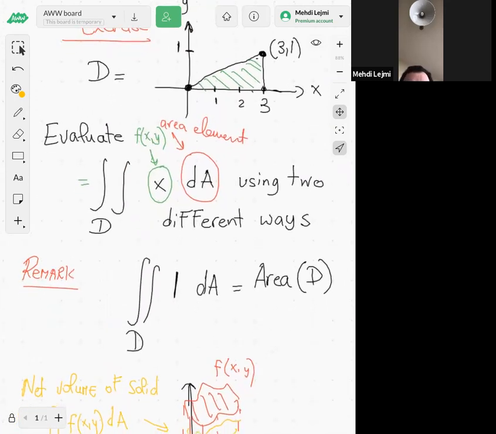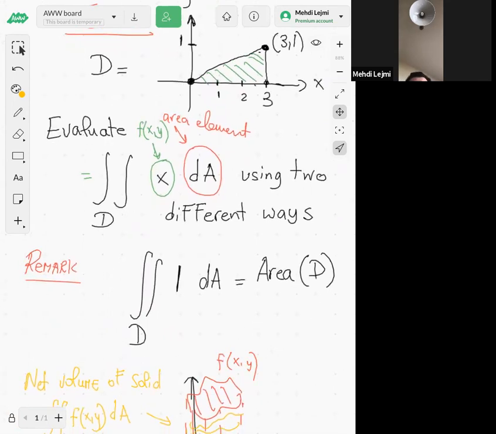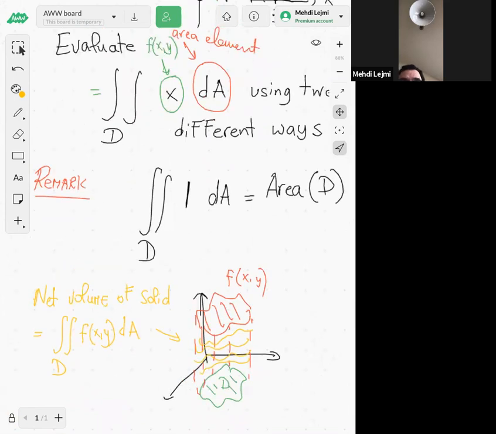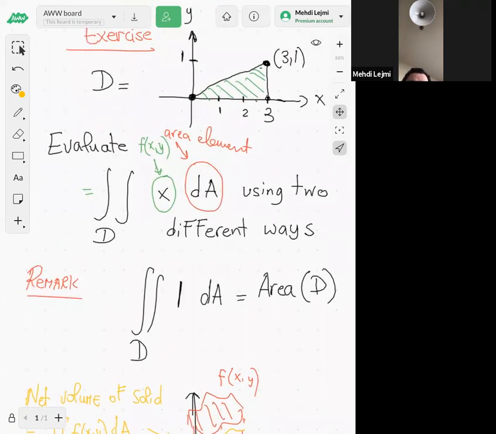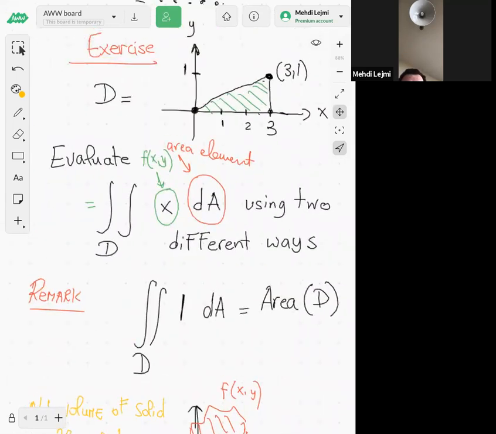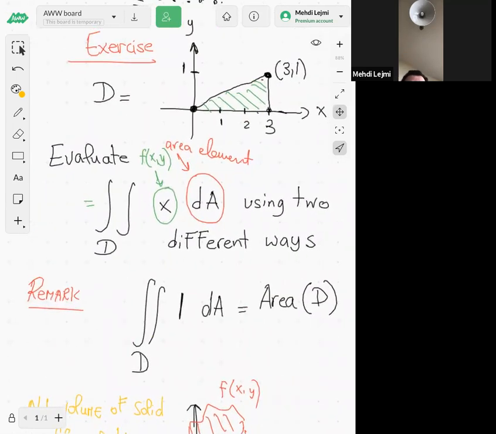Well, there are 2 minutes left, guys. So probably we can do this very quickly in the last 2 minutes. First, you have to describe your region D using two different ways. So your D is of type 1 and also of type 2.